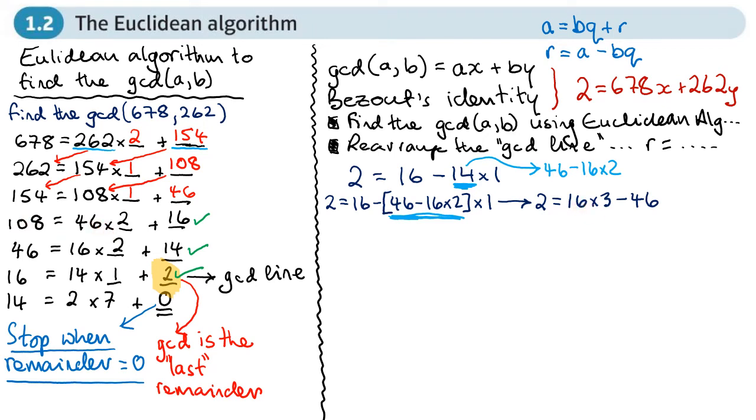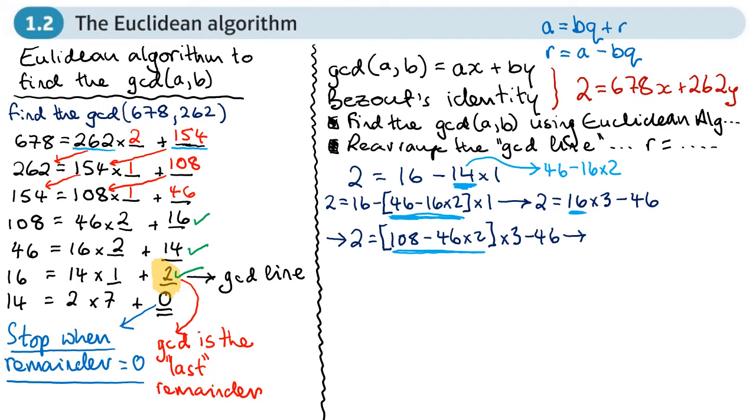So I'll take this 16 here, and using the previous line of working, I'll write it as 2 equals, not 16 times 3, but now 108 minus 46 times 2, that's where 16 was, that times by 3 minus 46. So the 16 has been replaced with this, and that came from the previous line.